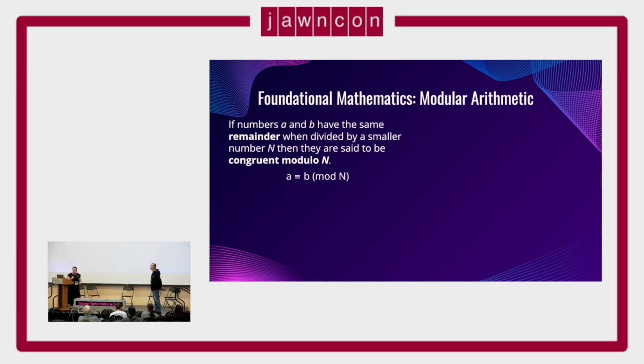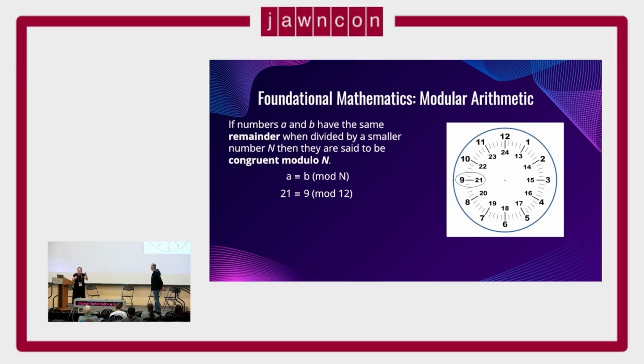So here's some examples. Again, we've all done this if you've used a clock. 21 is congruent to 9 mod 12. And if you look at the clock, using a 24-hour clock, you would use 21 for 9 p.m. But 9 is kind of ambiguous if you're using a 12-hour clock, right?